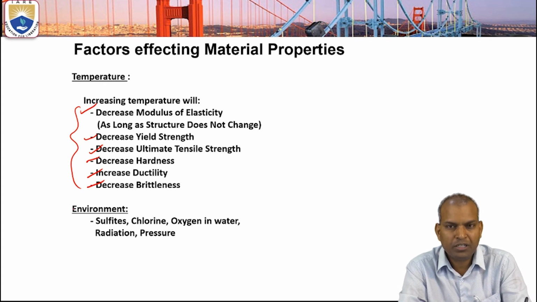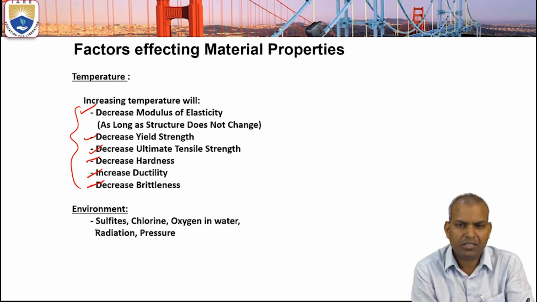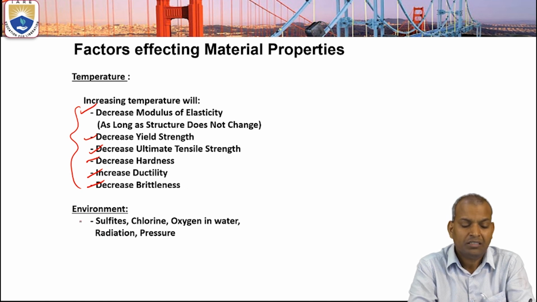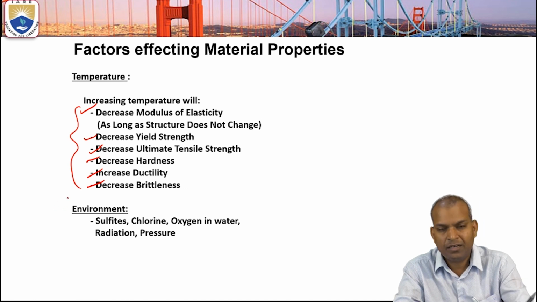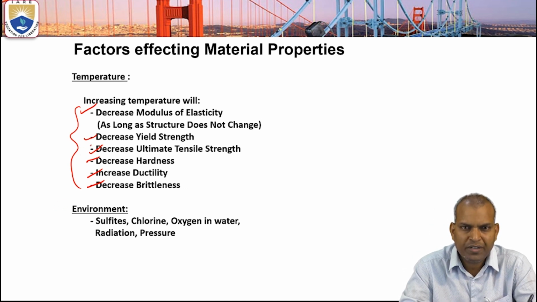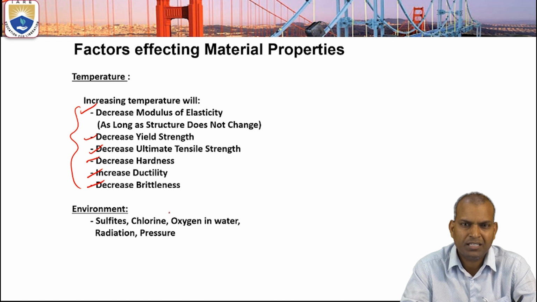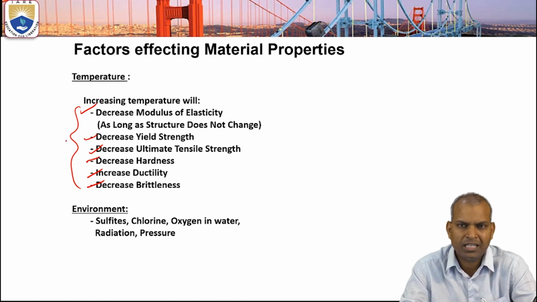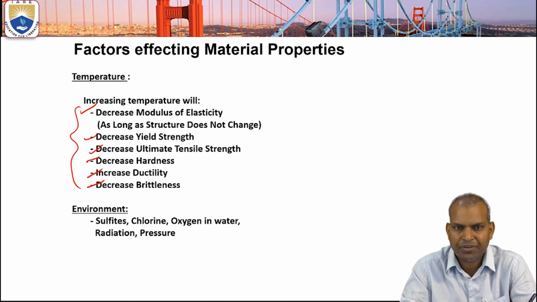Another important factor affecting the material is the environment. There are different environments: sulfides, chlorines, oxygen, water, radiation, pressure. These factors affect the material properties, especially in the form of corrosion. When corrosion affects the material, the strength, hardness, ductility, brittleness and yield strength will all be affected.